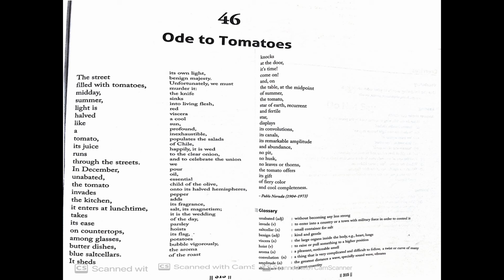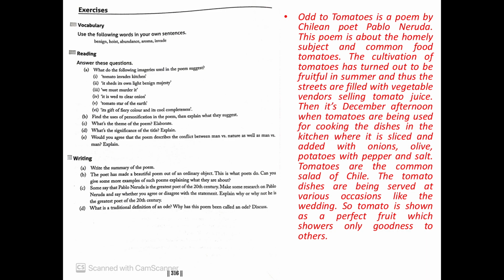Hoist, to raise or pull something into a higher position. Aroma, a pleasant smell. Convolution, a thing that is very complicated and difficult to follow. Amplitude, the greatest distance, a wave. Abundance, great quantity. These are some difficult words for us.